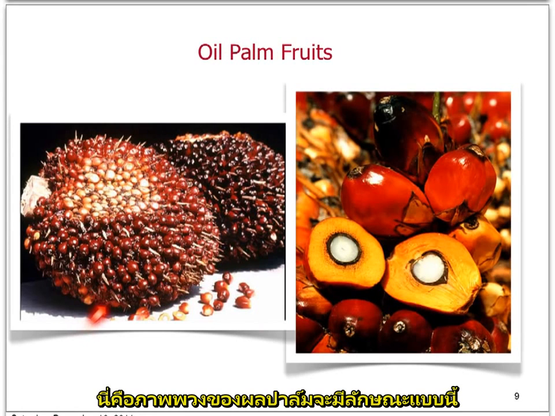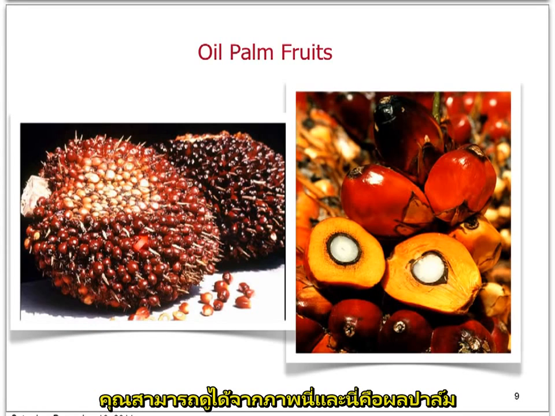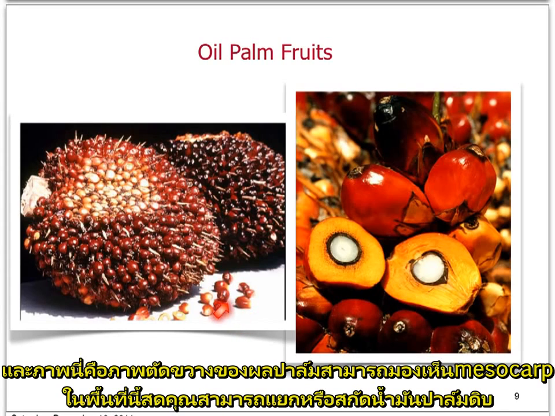Okay, this is how the oil palm fruit bunch looks like if you have not seen one. You can see there's a sharp thorn there, and these are the fruitlets. Down here you can see the fruitlets been stripped out from the fruit bunch. And if we take a cross section of the fruitlets, you can see the mesocarp or the flesh area.